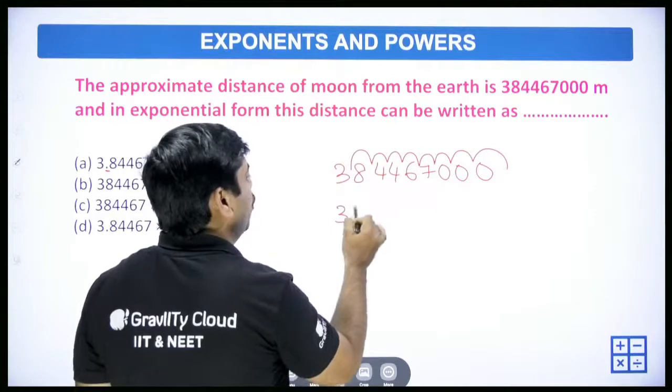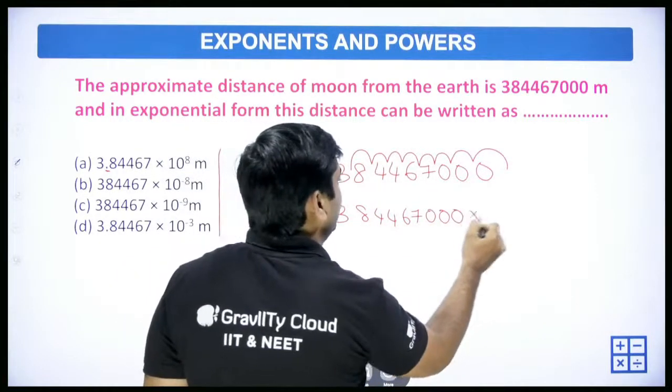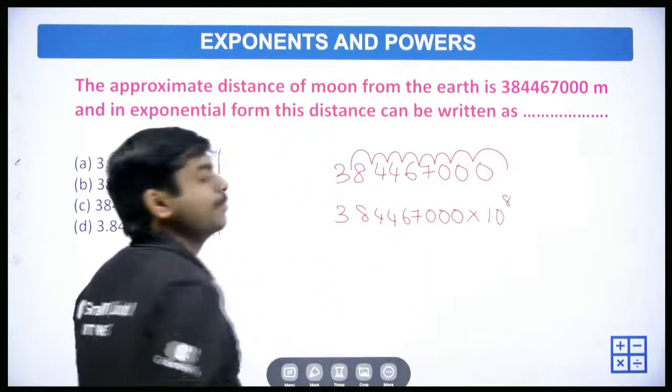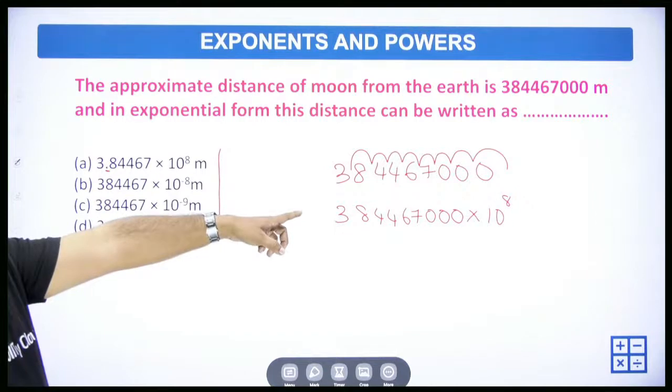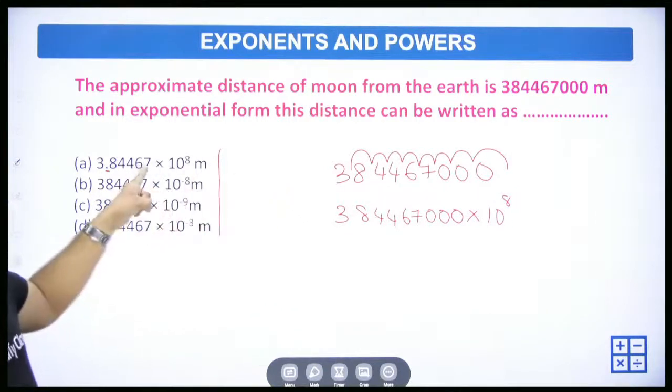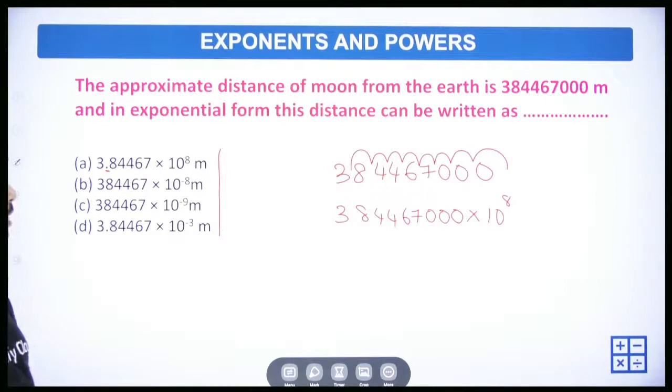So we can write 3.84467 into 10 power 8, but we don't have zeros here. Carefully observe that. Let's go for the second option.